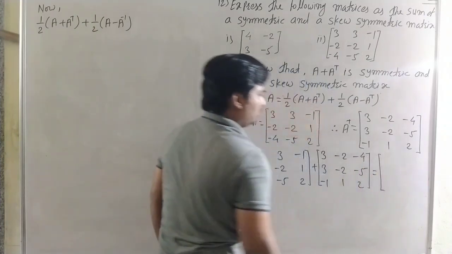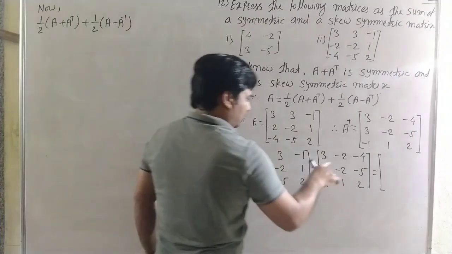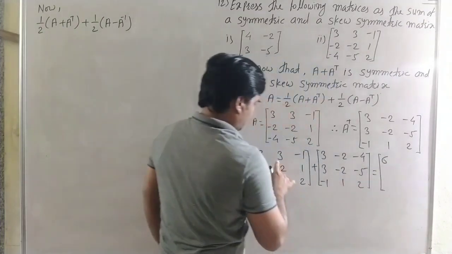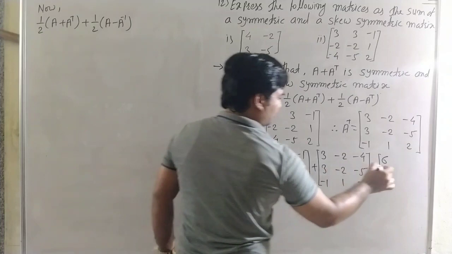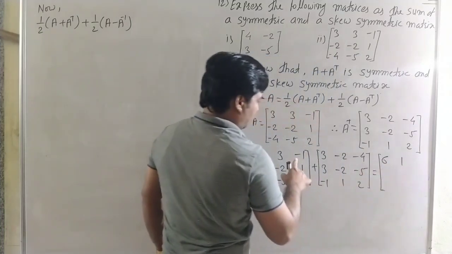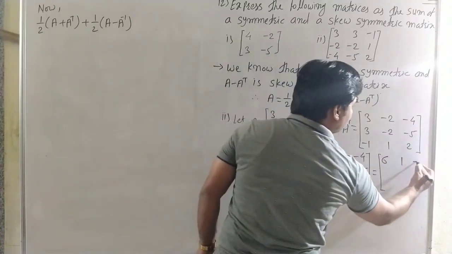And then the addition of these two matrices: 3 plus 3 is 6, 3 plus minus 2 is 1, minus 1 minus 4 is minus 5.